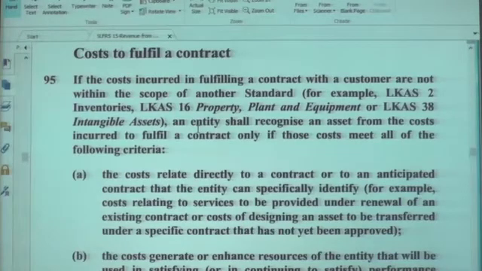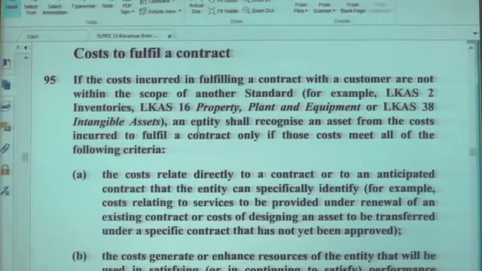Write down that account called contract asset. If you have purchased raw material, it goes to inventory account. If you purchase PPE, it goes to PPE account. If you purchase intangible asset, it goes to intangible asset account. Other than those items, costs incurred for the contract will be debited into a common account called contract asset account.